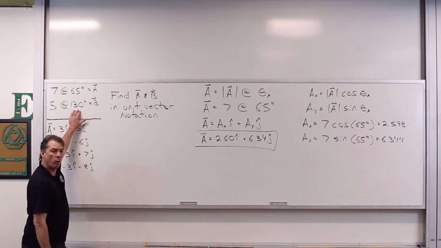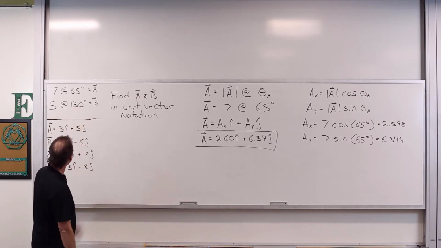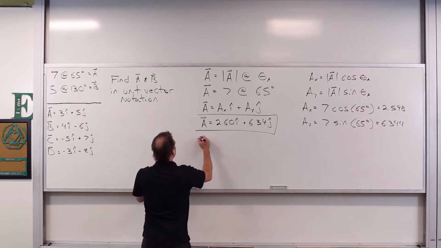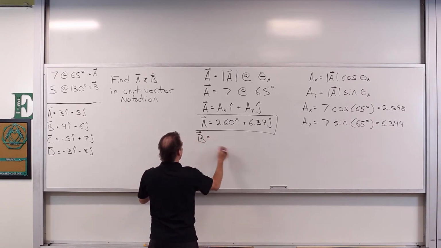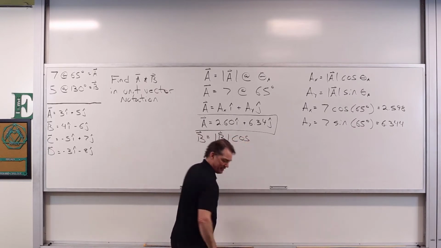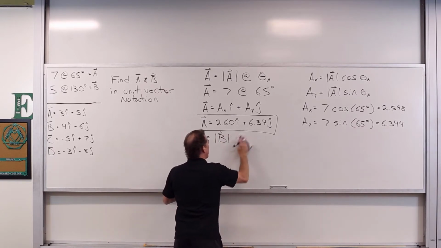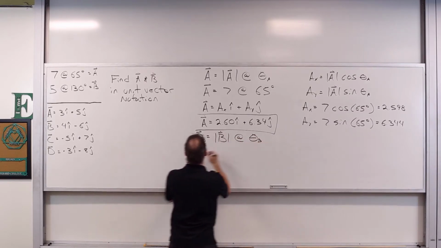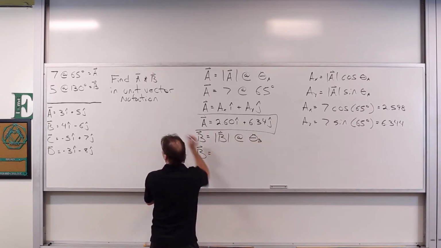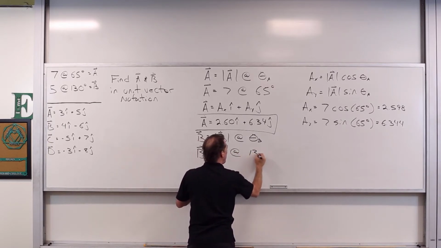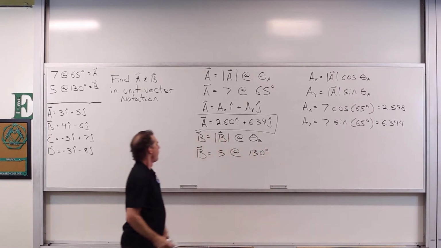Let's go ahead and do it for this one right here, and see if there's anything different about it. Now B hat is equal to the magnitude of B at theta sub B. So B hat is equal to 5 at 130 degrees.